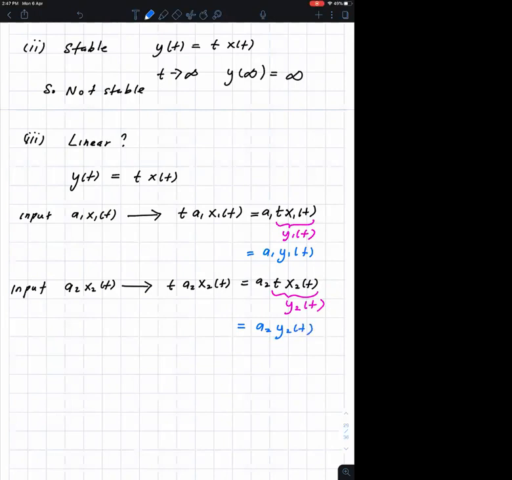You can just write this: a1 x1(t) produces an output of a1 y1(t).